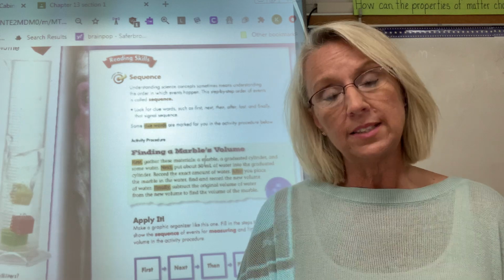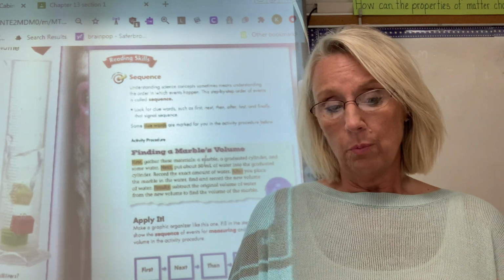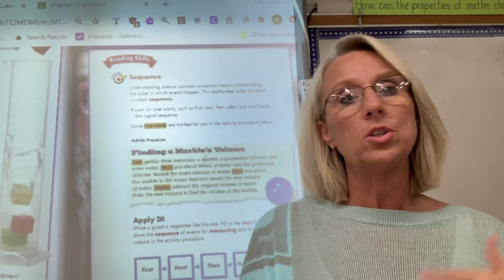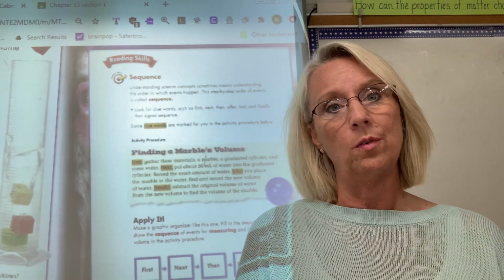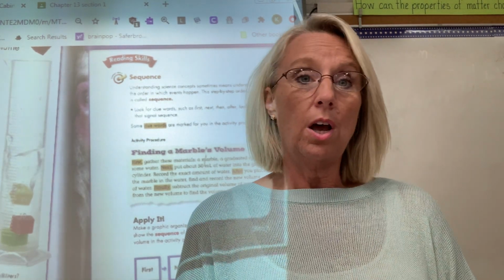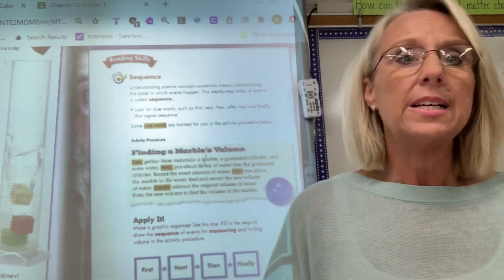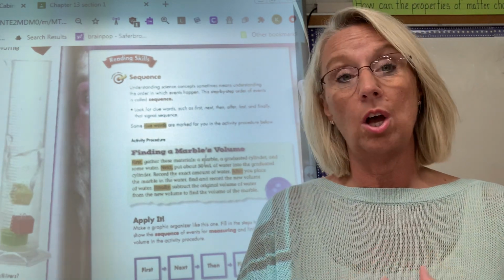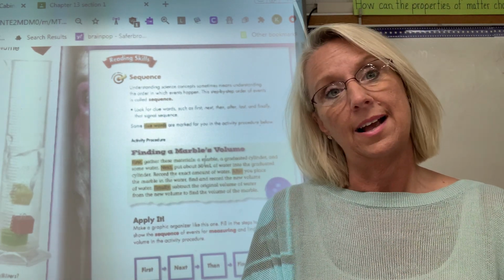If you're not paying attention or not recording it just right, then you're doomed to fail in the same manner over and over again. So that's one of the reasons why sequencing is so important in science.